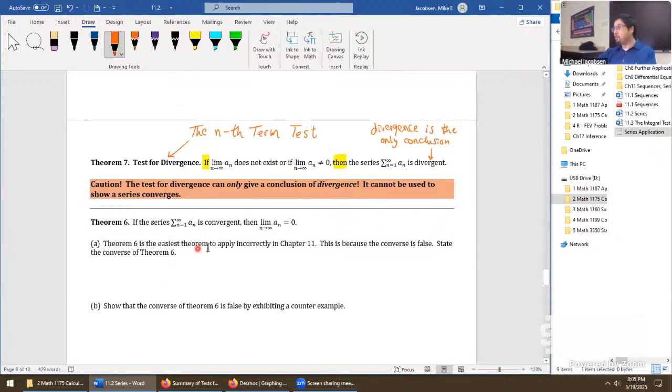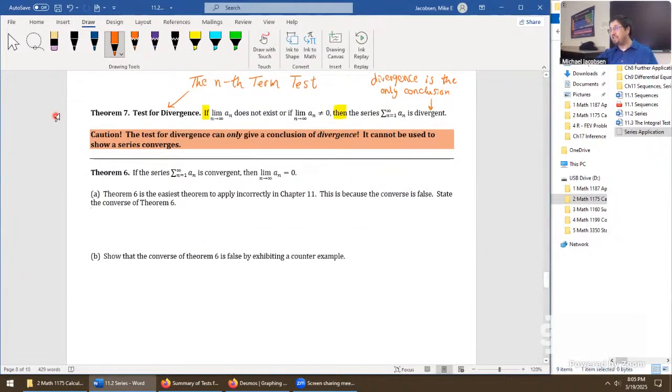So because it's the most misapplied theorem potentially in chapter 11, we're going to take another look at what's going on right here. Theorem 6 is the easiest theorem to apply incorrectly in chapter 11. Hang on, because the converse is false, state the converse of theorem 6. Hang on, that's not quite what I wanted to say. Let me strike this through.